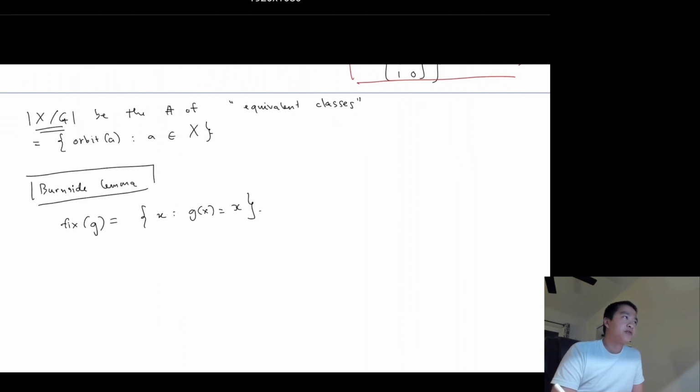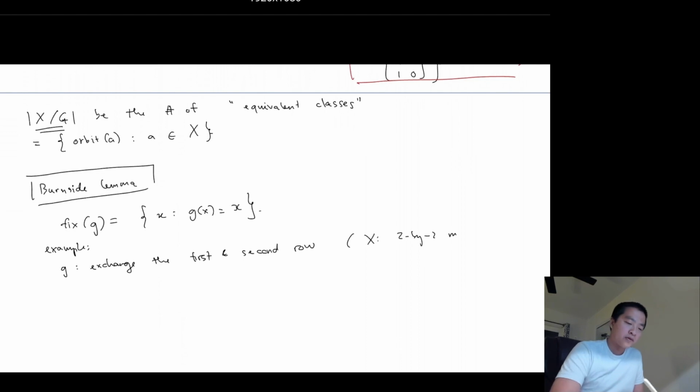Think about, for example, let's say G is the following function: exchange the first and second row, on 2 by 2 matrices whose entries are 0 and 1. So what is fix of G here?